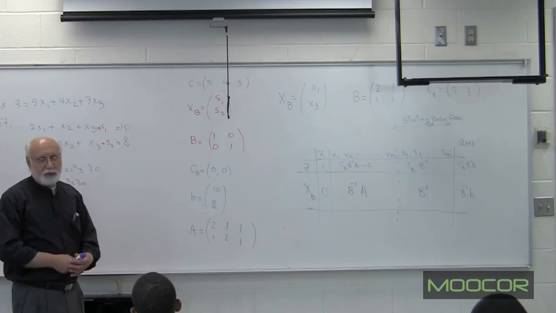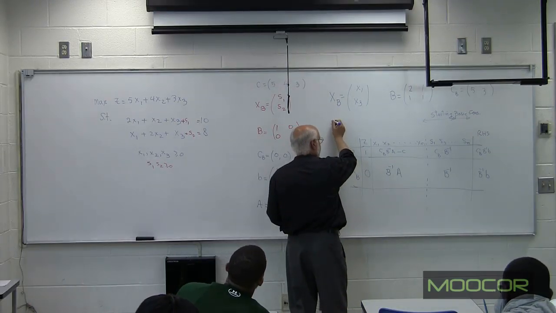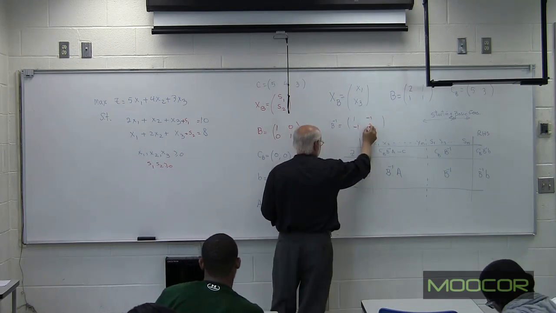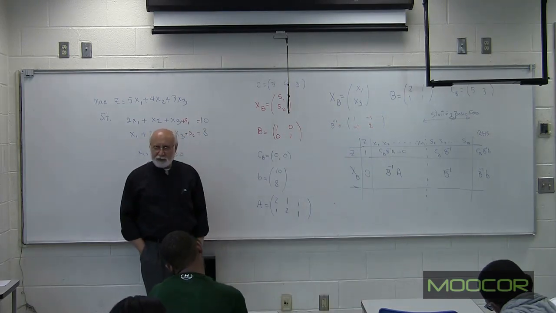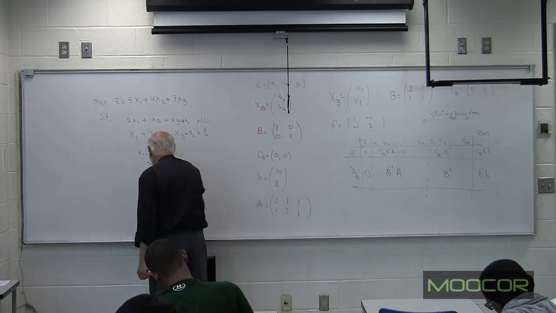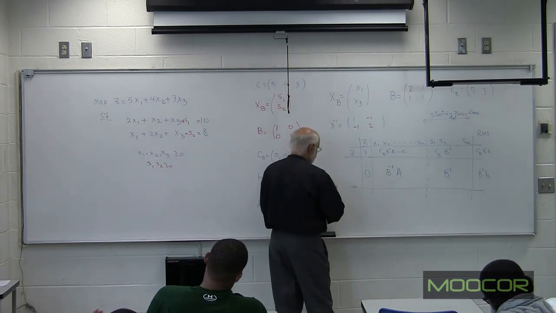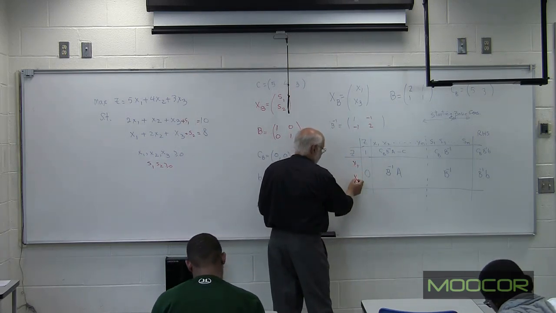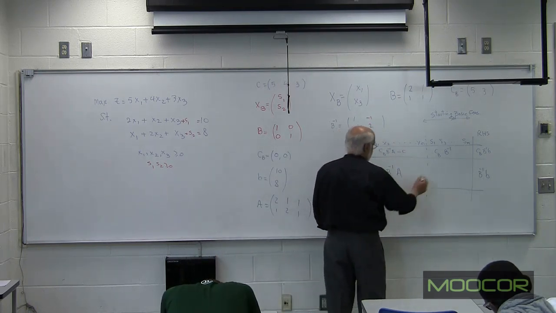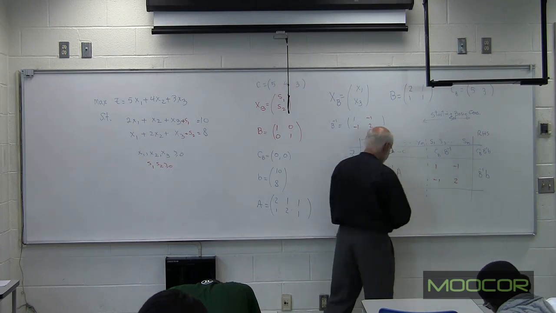How would I find B inverse? This is B inverse. So I'll start writing these values in here. This is going to be x1, x3. This is going to be 1, -1, -1, and 2.